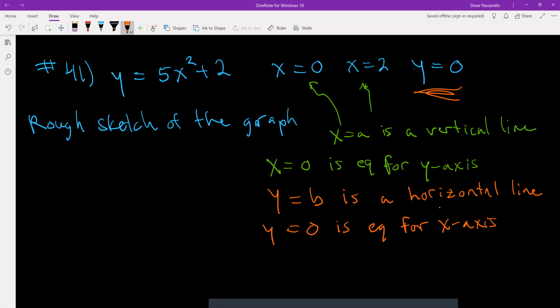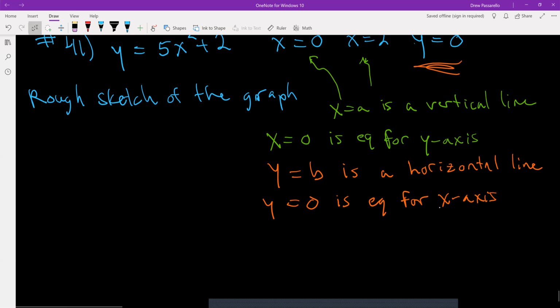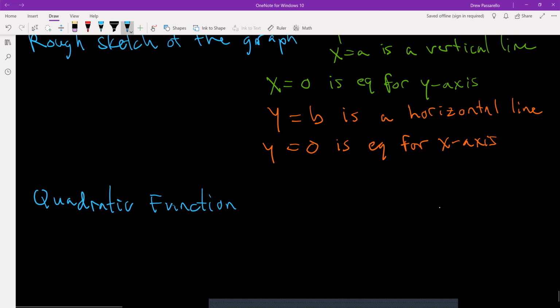So for my graph, we have y equals 5x squared plus 2. So we know we have a quadratic function, like f of x equals ax squared plus bx plus c.